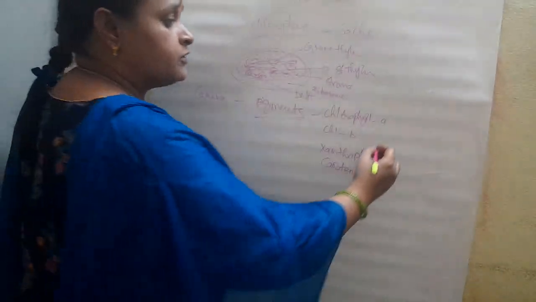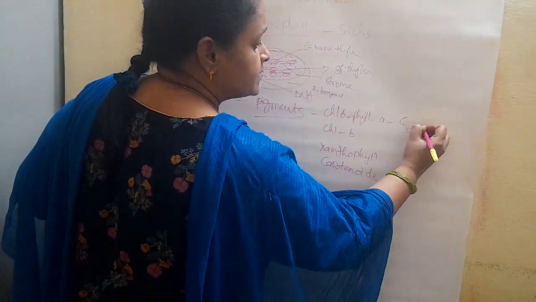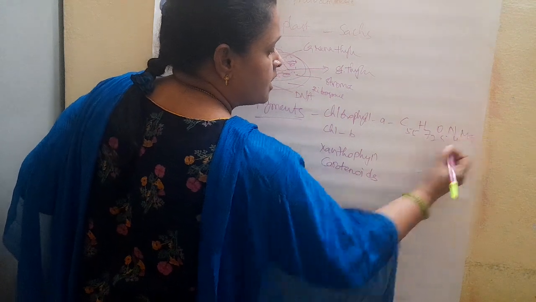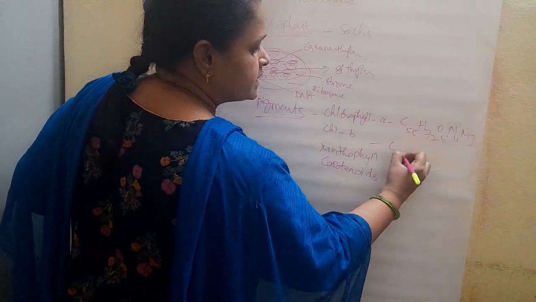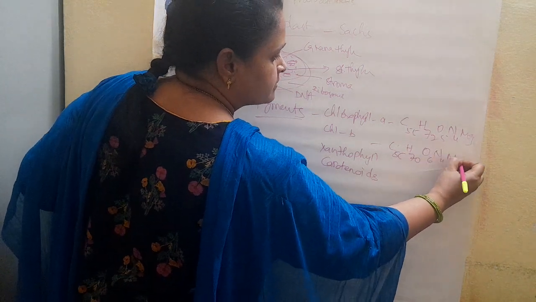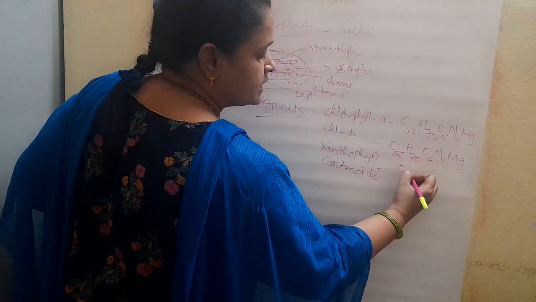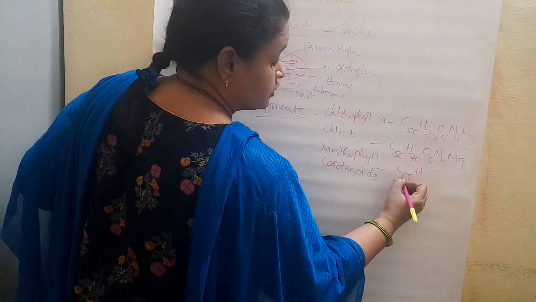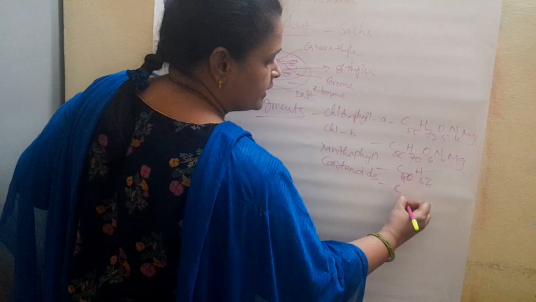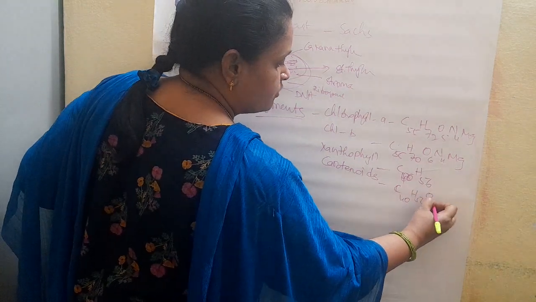If you see the structure of the chlorophyll A molecule, it is C55H72O5 and 4 Mg. Chlorophyll B is C55H70O6 and 4 Mg. Xanthophylls are C40H56 and carotenoids are C40H56 and O2.